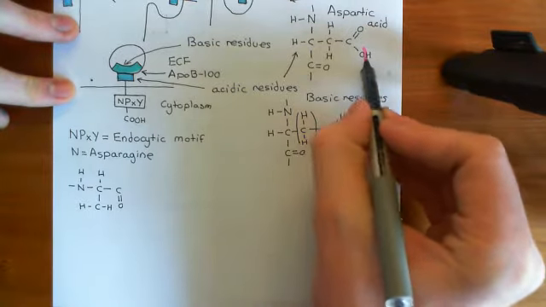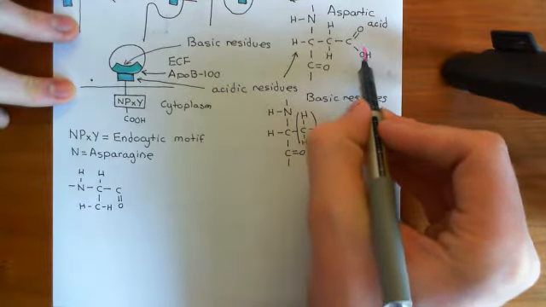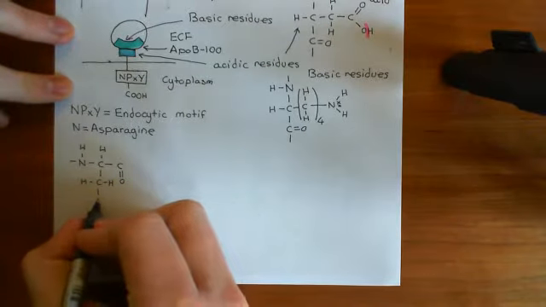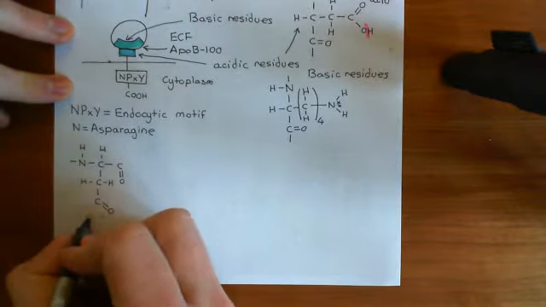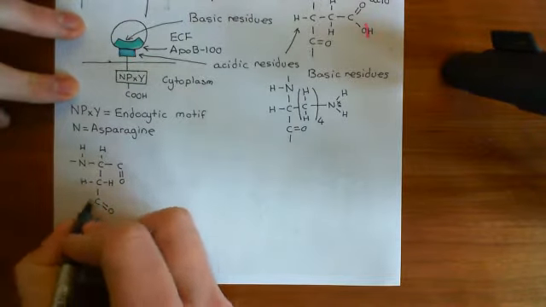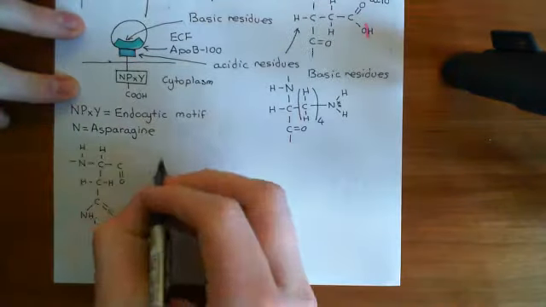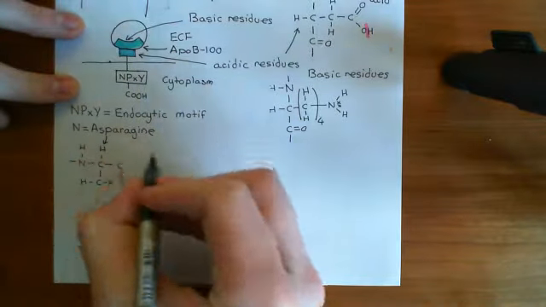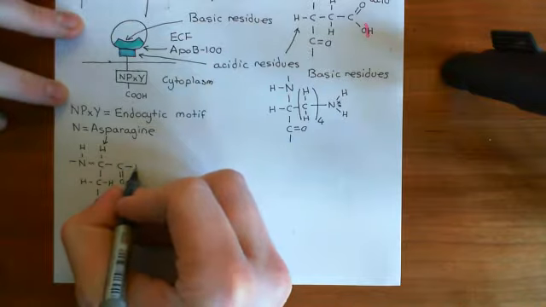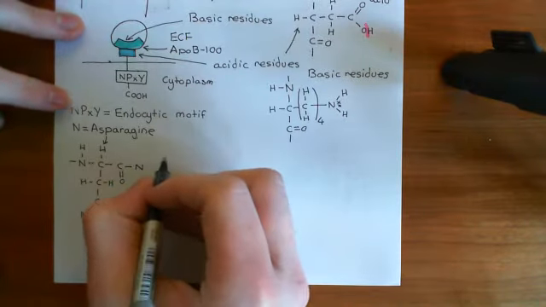So take this alcohol group off and put an amino group on there instead. That's asparagine. Okay, so here's the methylene group, and now here is our primary amide group. So here is the amino group coming off that carboxylic acid group. So this is asparagine. Okay, then the second amino acid within this NPXY motif is going to be a proline.